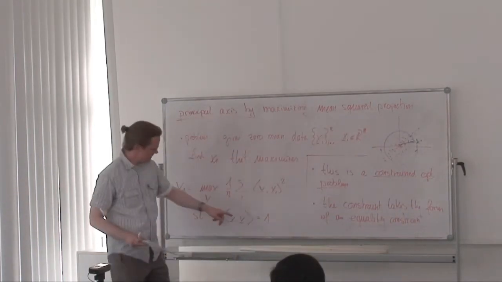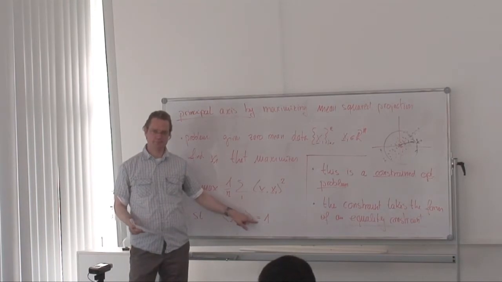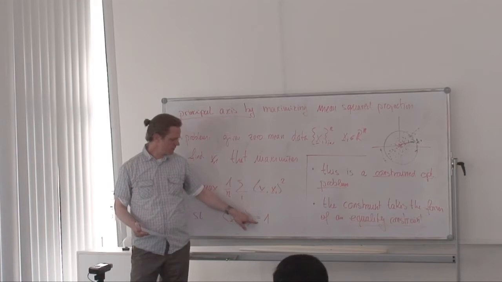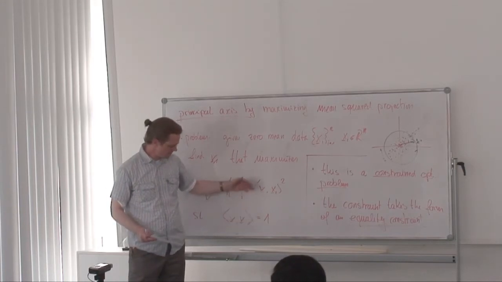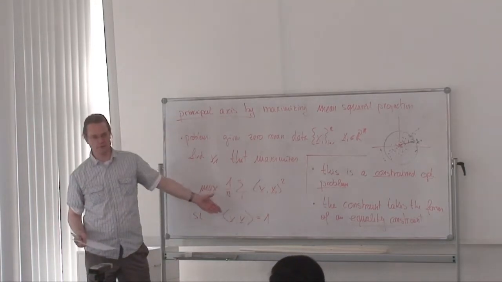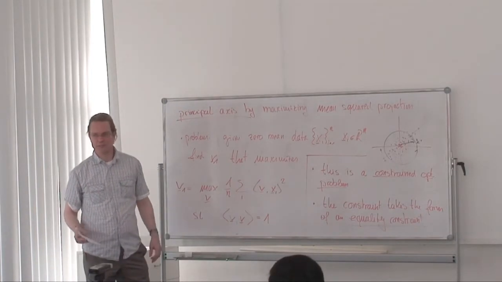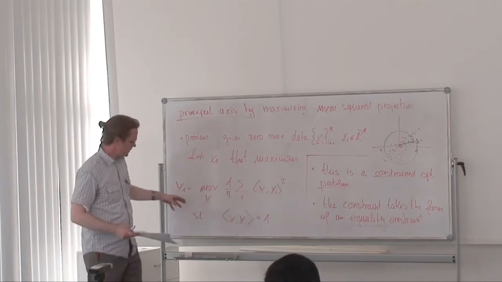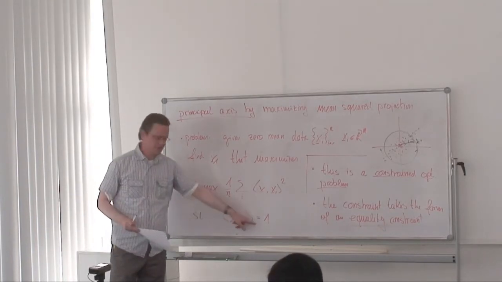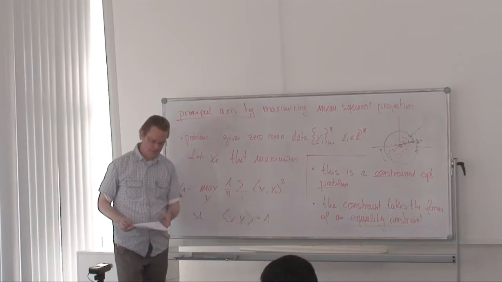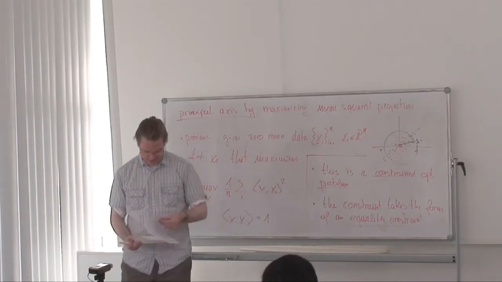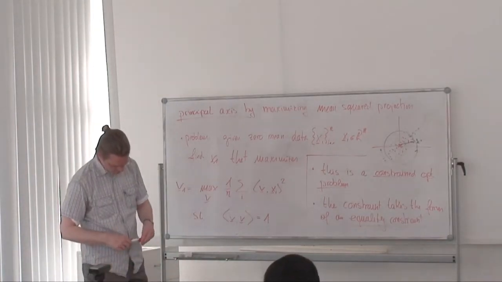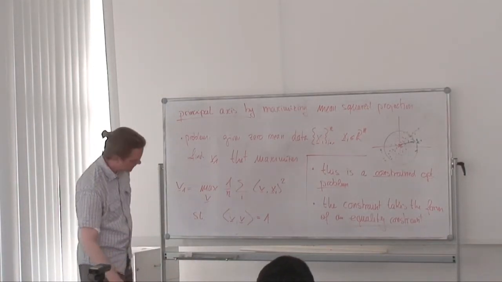Because there is an equal sign here. We could also be asking for the vector that maximizes it such that, say, the norm is greater than 1. Then that would be a so-called inequality constraint. But here, our constraint is given in terms of an equality constraint.